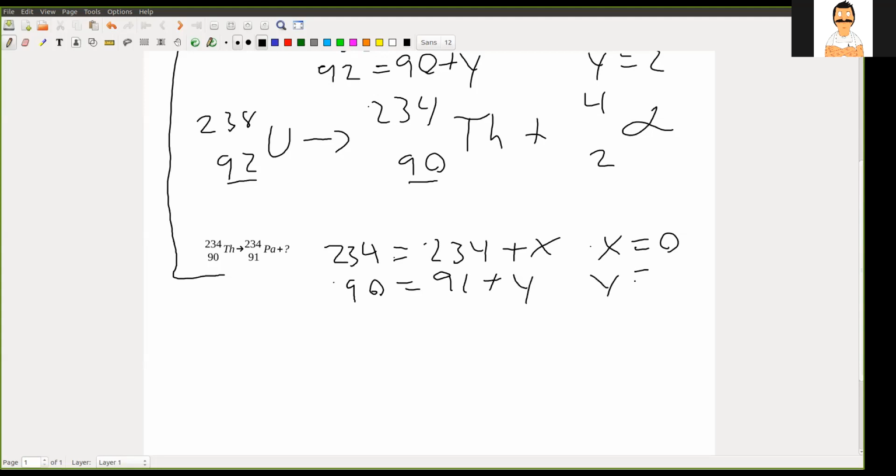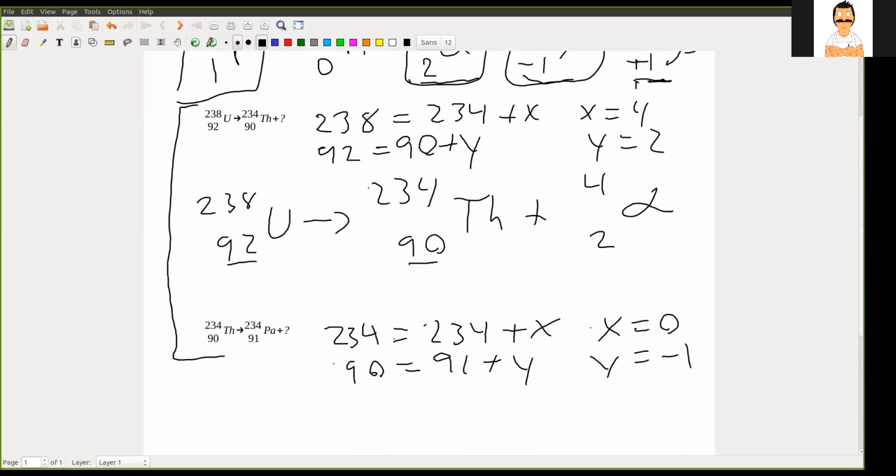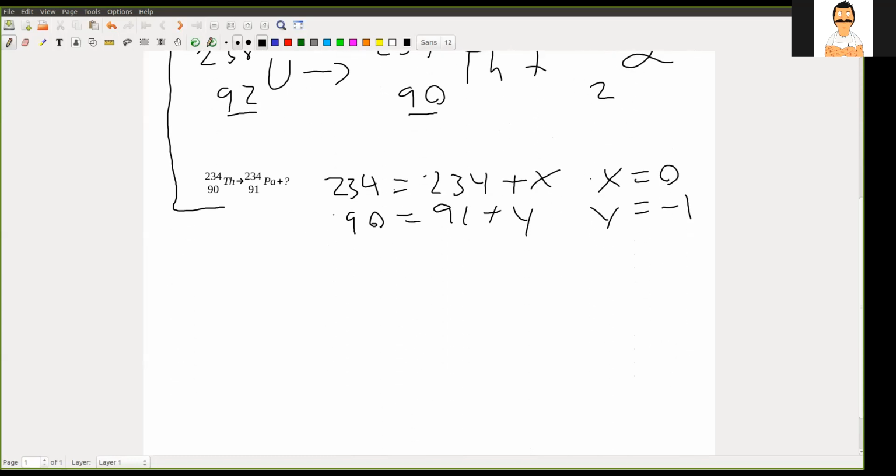So y has to equal -1. So coming back to our species up top, we can see that to have a superscript of 0 and a subscript of -1, this process is called beta decay. It's ejecting what is equivalent to an electron from the nucleus. So we say thorium-234, 90, is undergoing beta decay to protactinium-234.